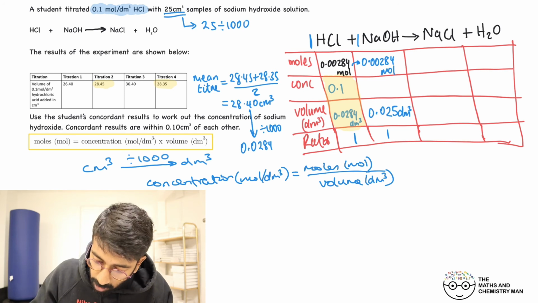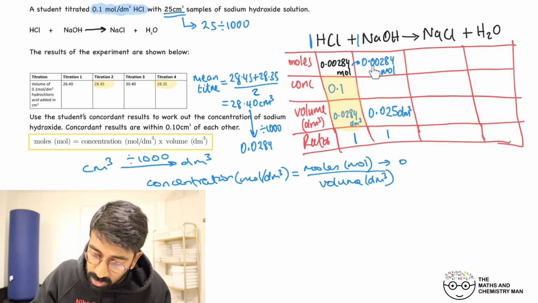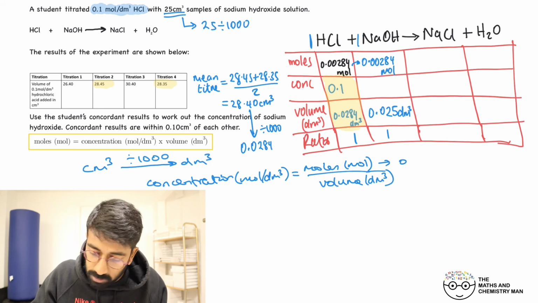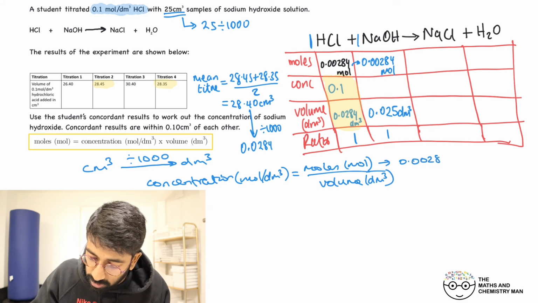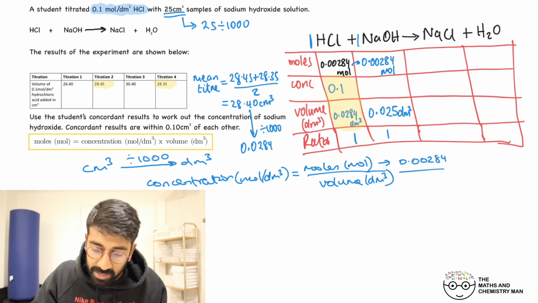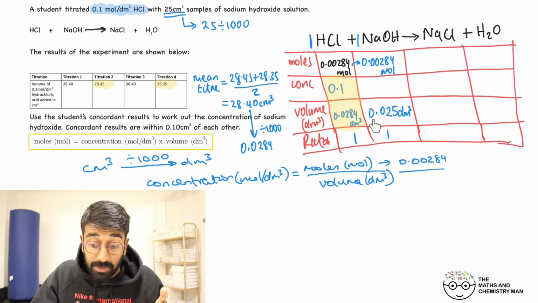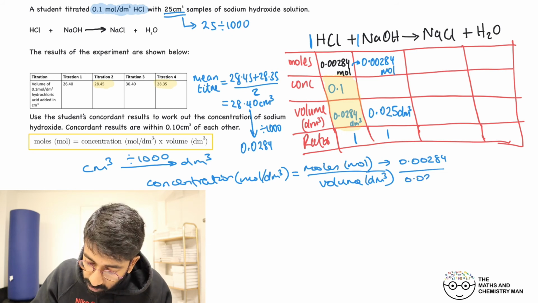So moles we've already got is 0.00284, and we've got the volume in our table as well. Look at the volumes down here, 0.025, okay, so 0.025, that was dm cubed. So put that there, this was mole.